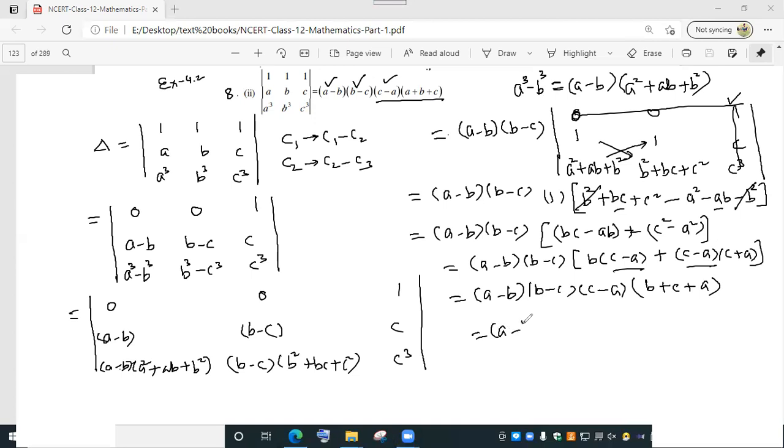Therefore, the determinant is a minus b, b minus c, and c minus a into a plus b plus c.